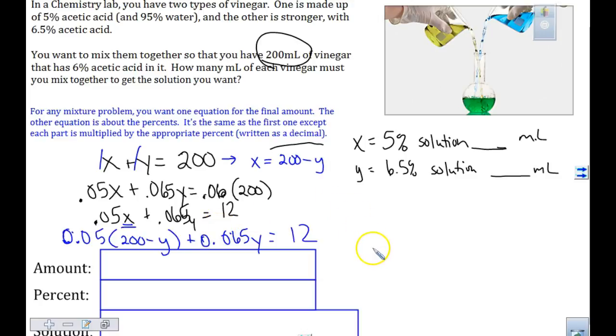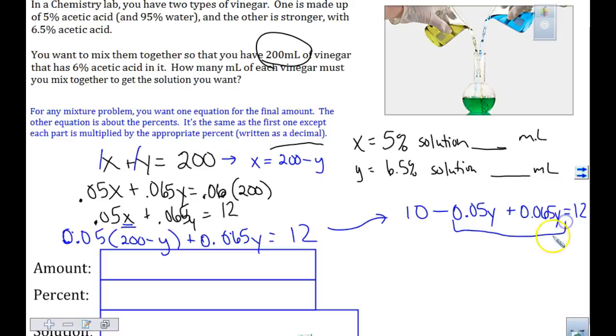We want to use our calculator. 0.05 times 200. We are writing that. I should have 10. Minus 0.05y plus 0.065y equals 12.